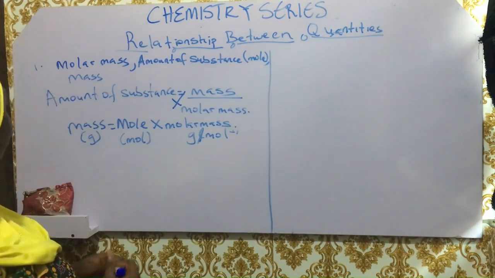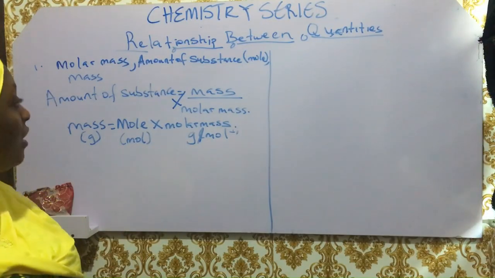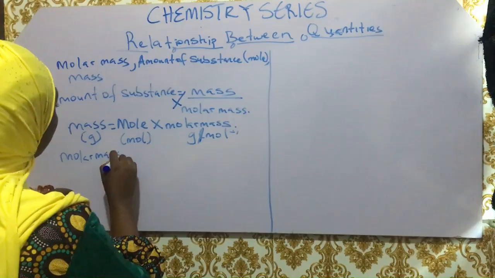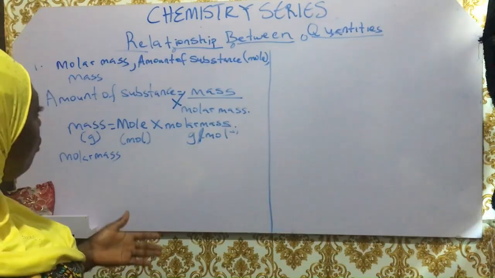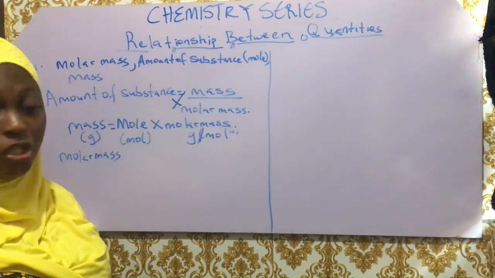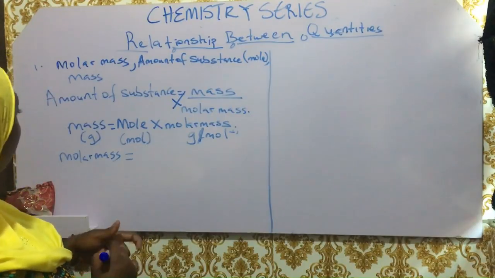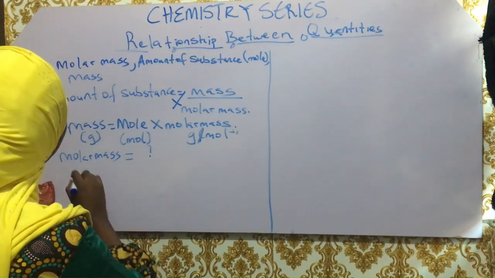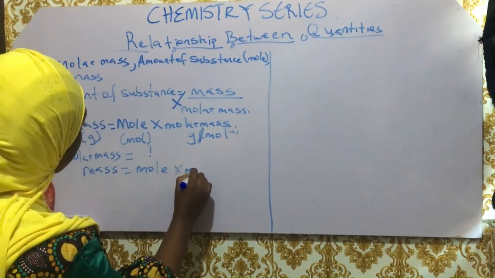So let's move on. The next relationship we'd like to derive is molar mass. In a question, you might be given the mole and the mass, and you are asked to find the molar mass of a compound. So we have a relationship for that too. From this relationship, mass equals mole times molar mass.